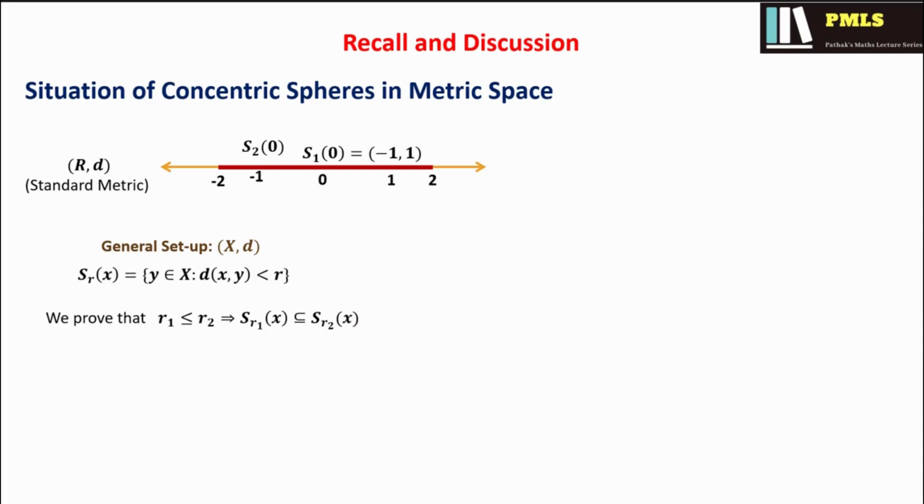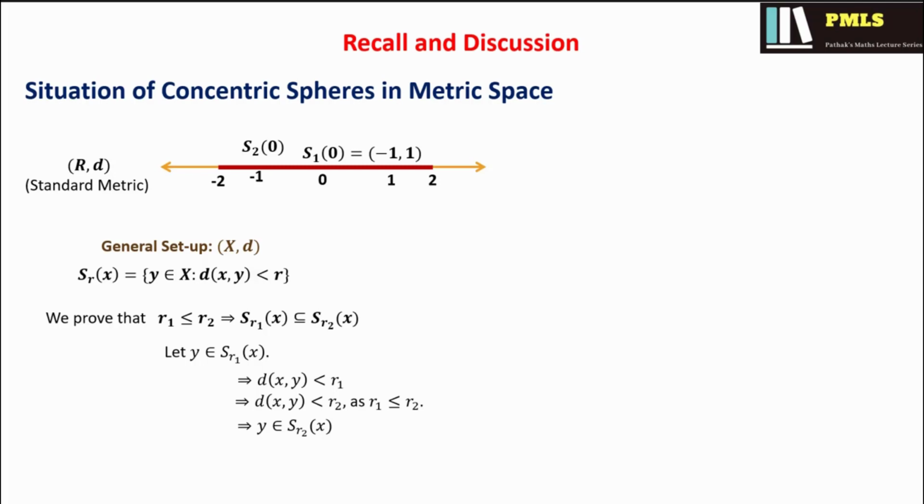Now in order to prove it, let us take a point y in S(r1, x). Now if y is in S(r1, x), it implies that d(x, y) is less than r1. But since r1 is less than or equal to r2, we have d(x, y) less than r2 as well. But when d(x, y) is less than r2, it means that y is a member of the sphere S(r2, x).